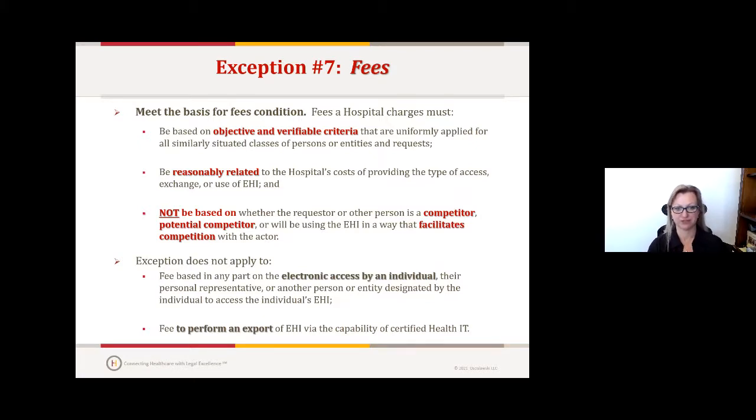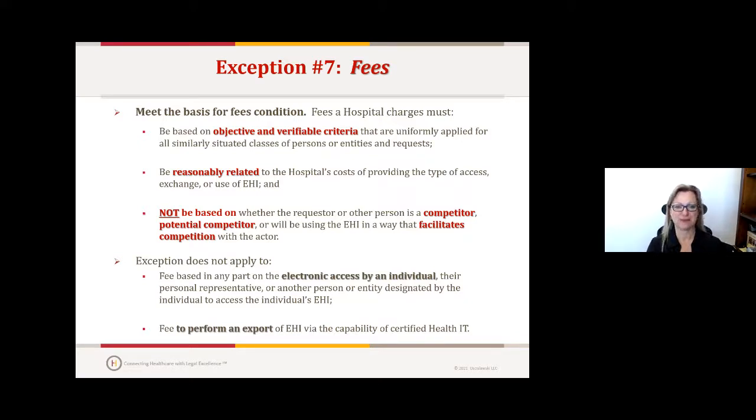They have to be reasonably related to the costs and not based on whether the requestor is a competitor or potential competitor, or whether the EHI will be used in a way that facilitates competition. So the bottom line is that if there are fees involved in exchange for EHI being shared, you need to make sure that those fees fit within this exception.